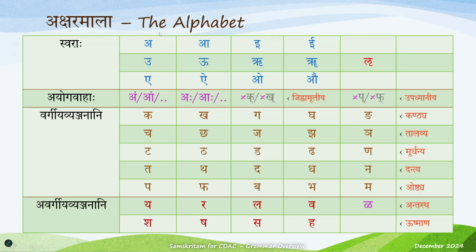Now one more important thing here is that A is called Hrasva Swara and Aa is called Dirgha Swara. Notice the pronunciation that I am using. I am not calling it Hrisva, I am not calling it Hrusva, I am calling it Hrasva, somewhere in between, a diagonal line between the two, not U, not E, somewhere in between.